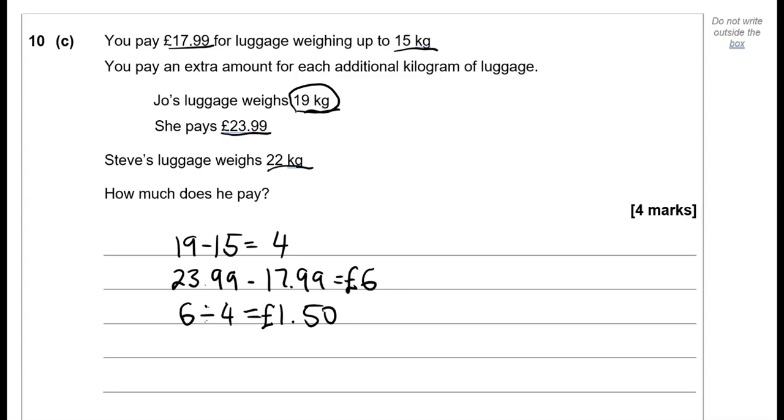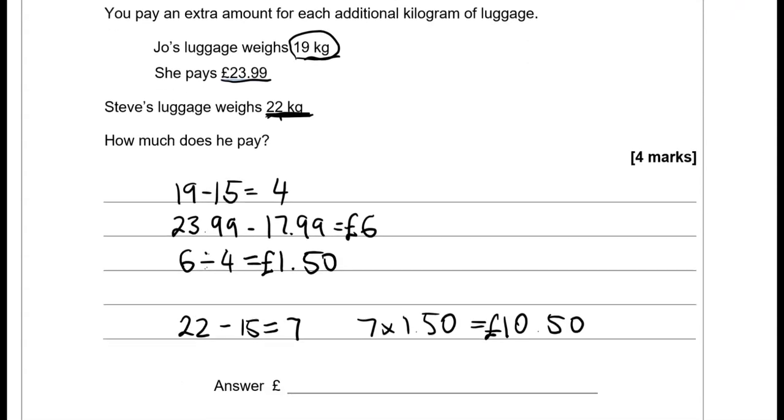Now Steve's luggage weighs 22 kilograms. So that is 22, take away 15, gives us 7 additional kilograms. 7 times £1.50 gives us £10.50 additional.